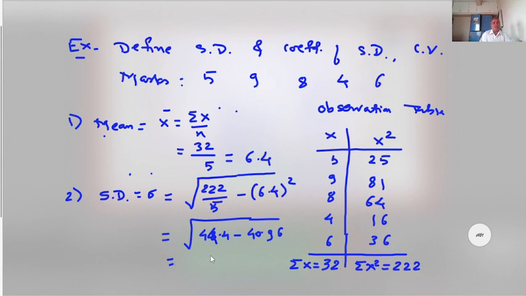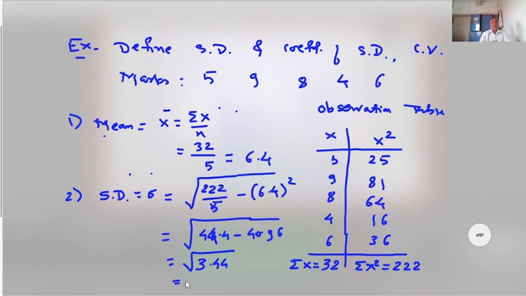After evaluating this, we get the square root of 44.4 minus 40.96, which is the square root of 3.44.